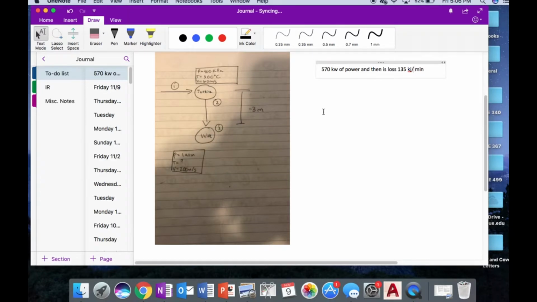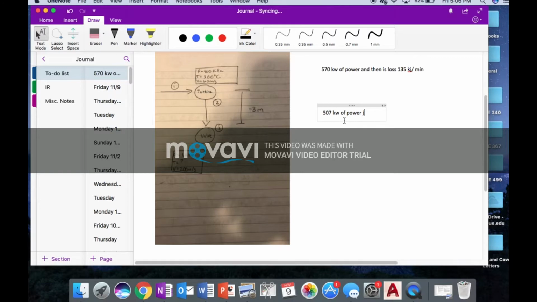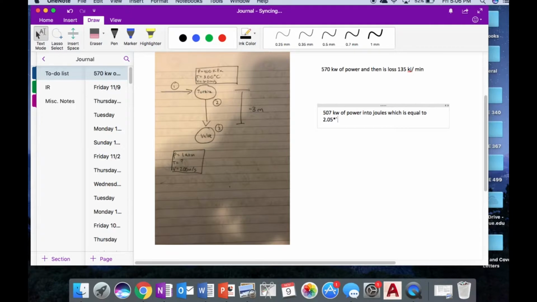With that information, I converted the 570 kilowatts of power into joules, which is equal to 2.05 times 10 to the 9th joules per second.